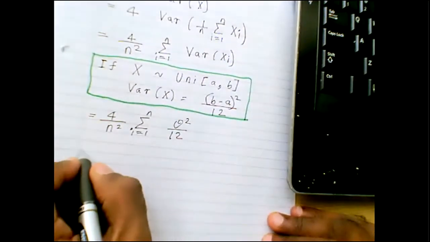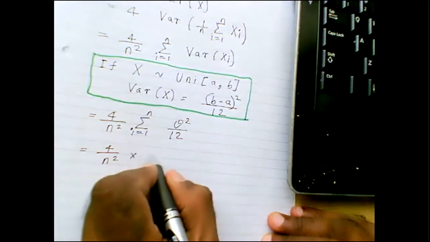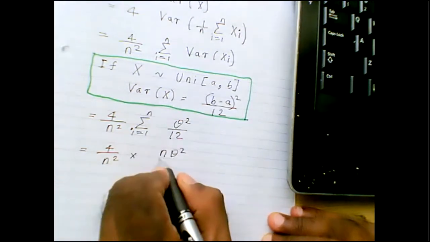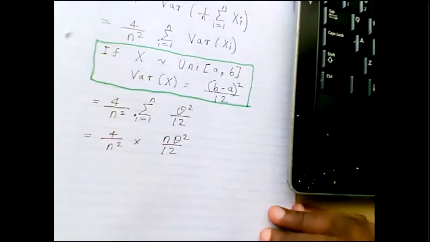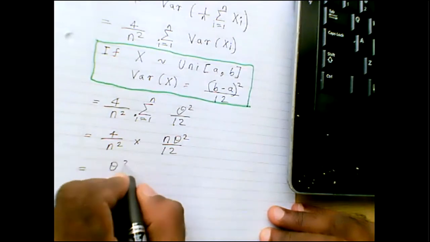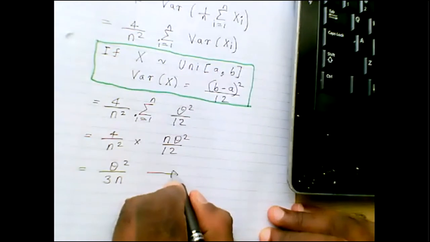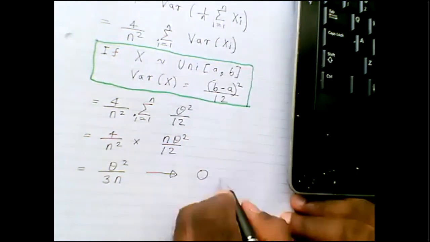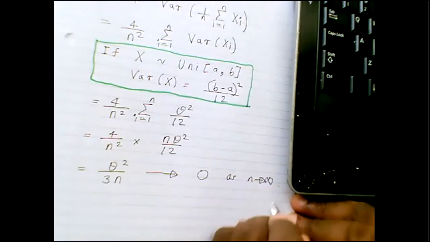So this is 4 over n squared multiplied by n theta squared divided by 12, because this is a constant. So this simplifies to theta squared divided by 3, and this approaches 0 as n approaches infinity.